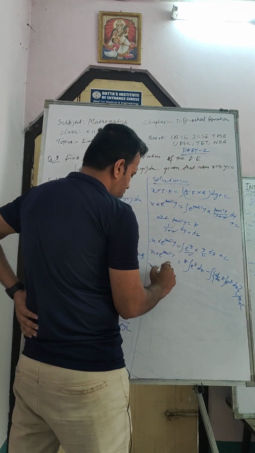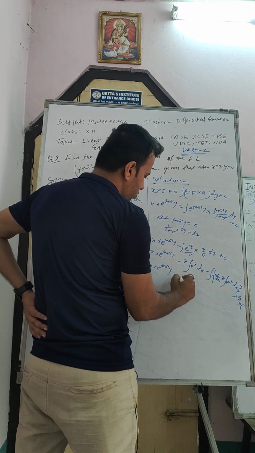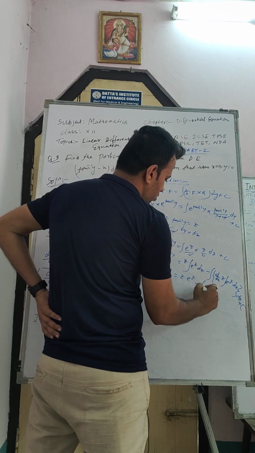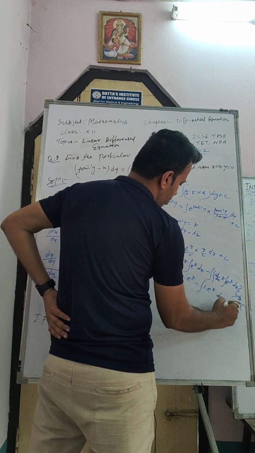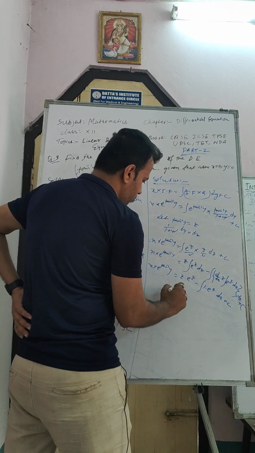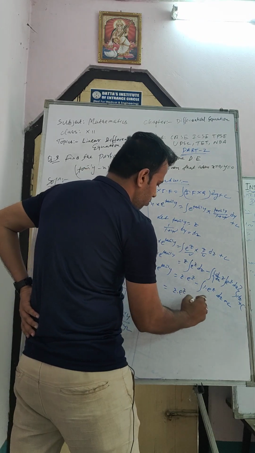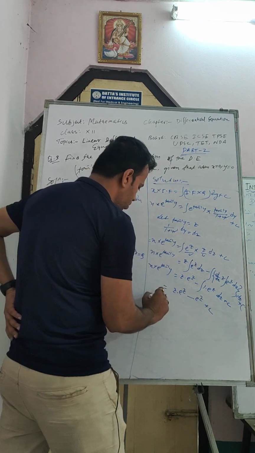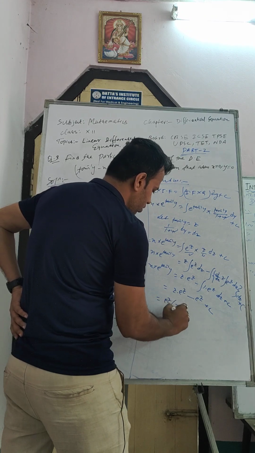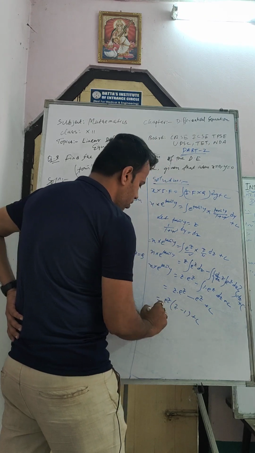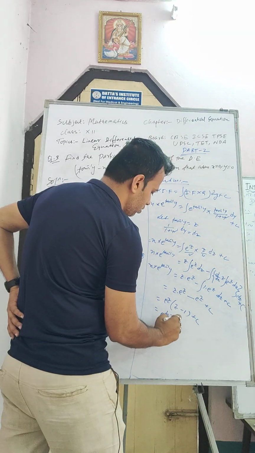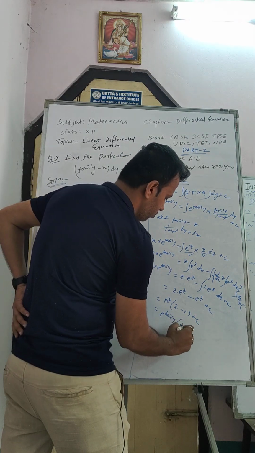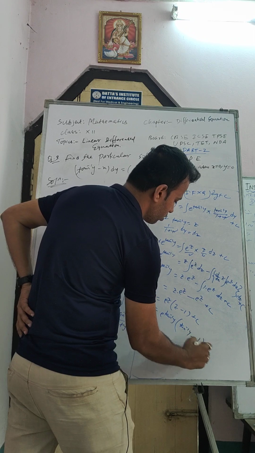So x into e to the power tan inverse y equals z e to the power z minus e to the power z plus c. So it will become e to the power z into z minus 1 plus c. Okay, so z is what? Tan inverse y, that is e to the power tan inverse y into tan inverse y minus 1 plus c.